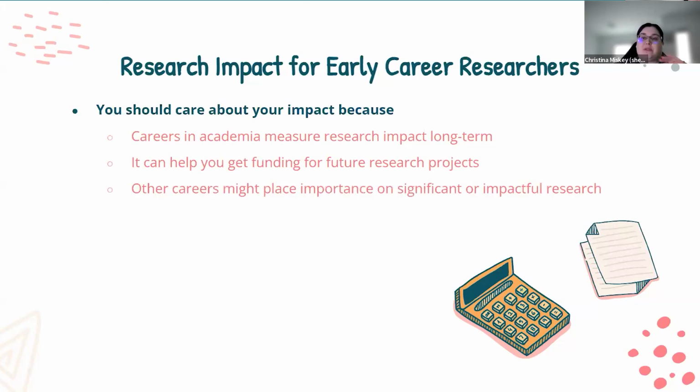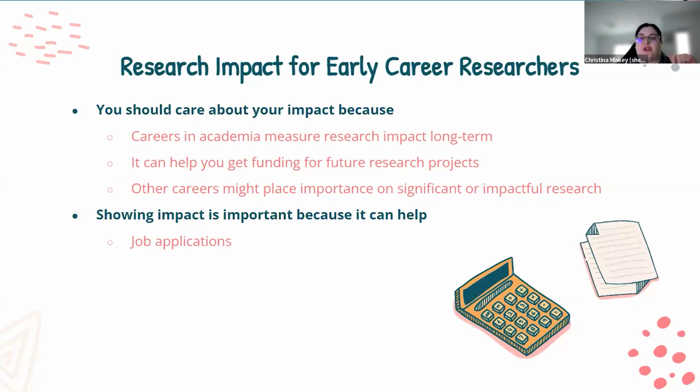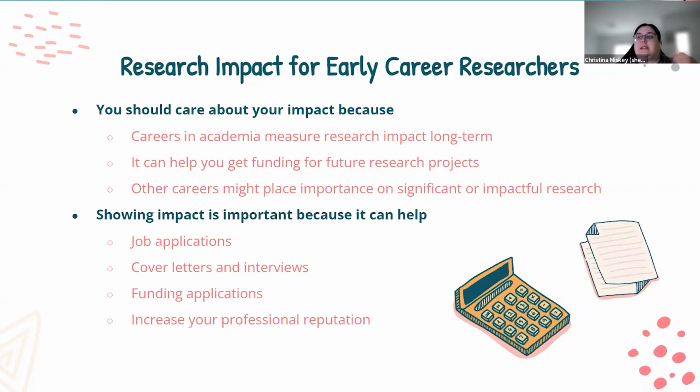Other careers outside of academia might also place importance on significant or impactful research, depending on what their career is. And showing your impact is important because it can help you with your job applications, with your cover letters and your interviews, funding applications if you're applying for funding, and overall increase your professional reputation in academia and beyond that, depending on what your field is.